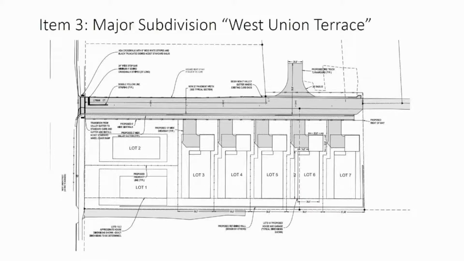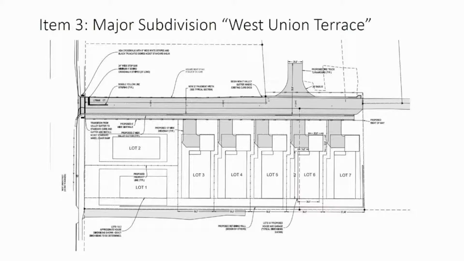We have been working with the developer and their engineer on their designs for this street. It's a little bit different than, say, the Mulholland subdivision where new streets were being built. This is one where an existing street was there, albeit a 15-foot wide street.